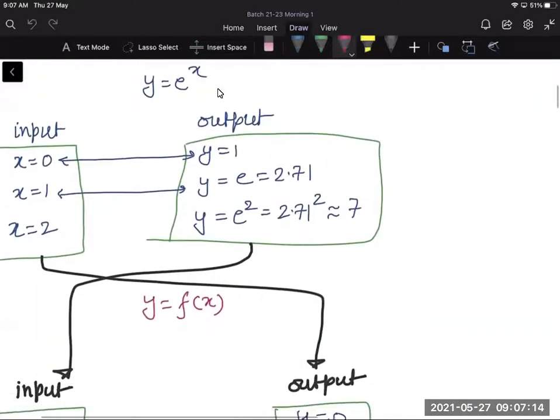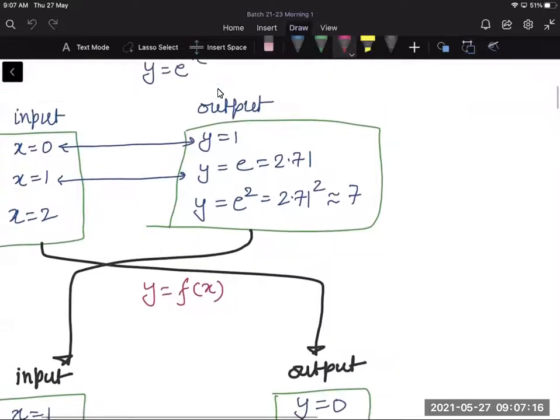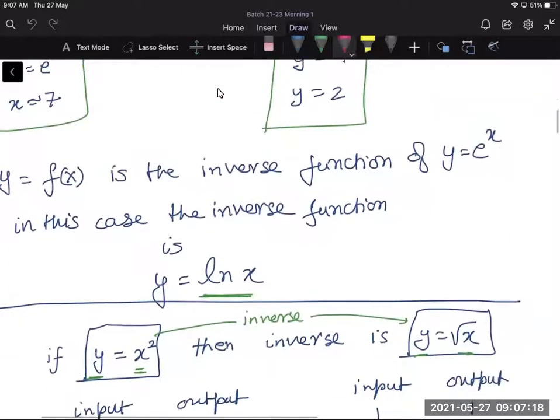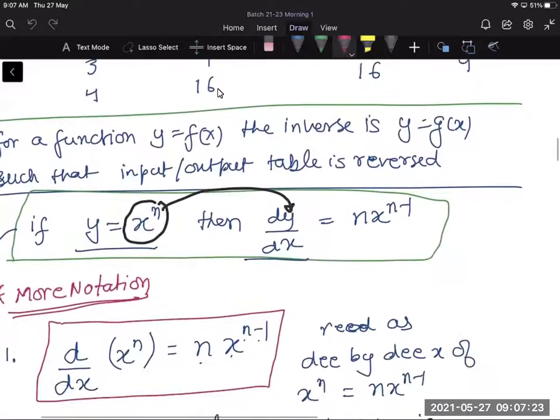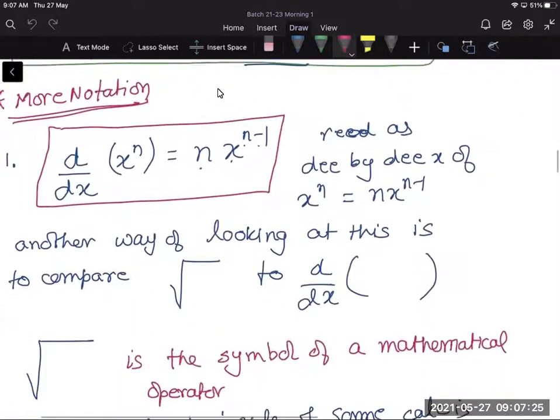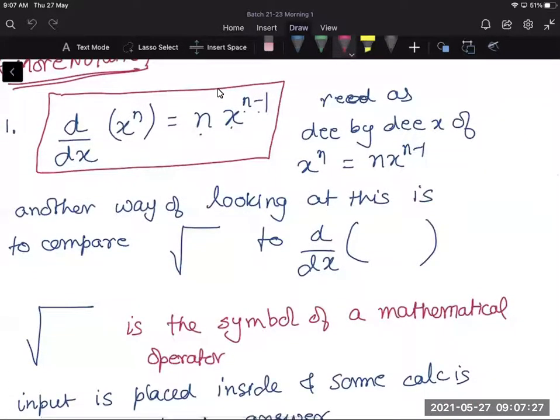So I talked about exponential functions, logarithmic functions, and we talked about some notation of finding the slope of a graph, right? And I told you that d by dx you can consider just like an operator, just like the square root.